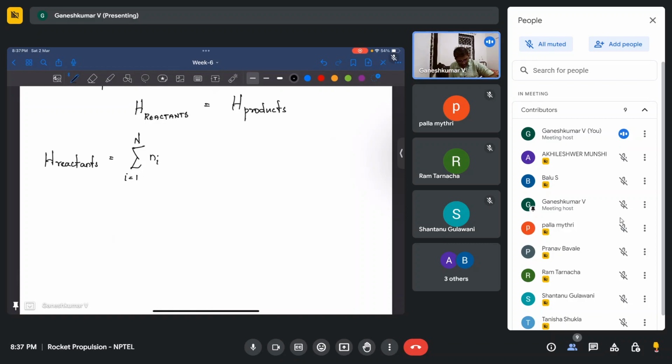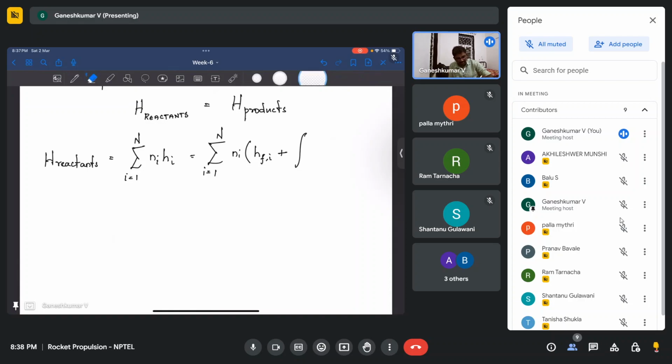Ni into Hi, where this H is the total enthalpy. Since it is the total enthalpy, you may need to write it in terms of formation enthalpy and sensible enthalpy, which you can write as Hf of i plus the integral of Cp of i.